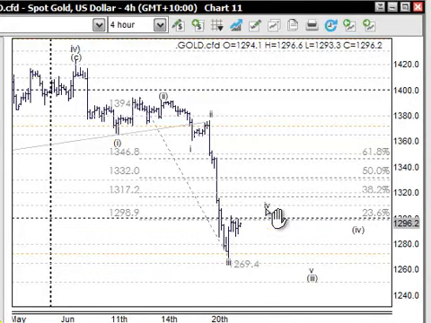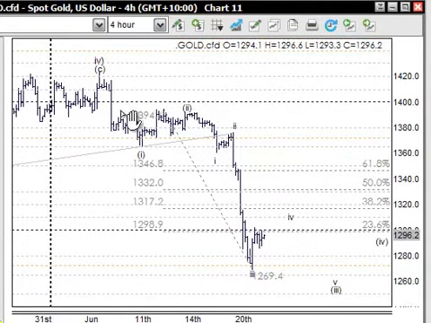So after a strong third wave, we're looking at a fourth wave, and then we'll see new lows made under this area through here. So there is still more downside to come from the gold here in terms of the wave 1, wave 2, the wave 3 of this degree, the wave 4 here, and the wave 5 to come down through there.